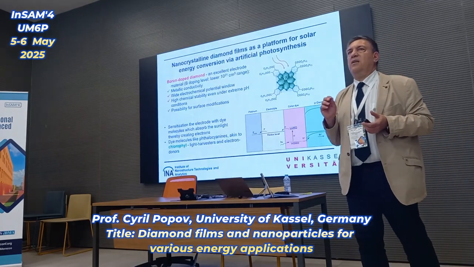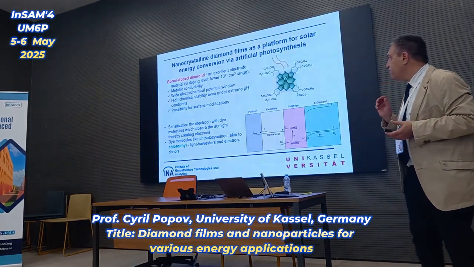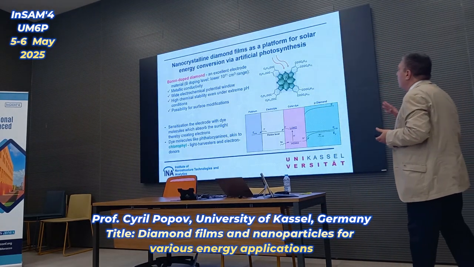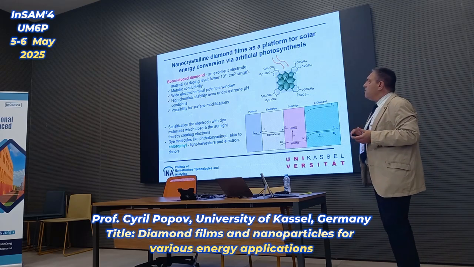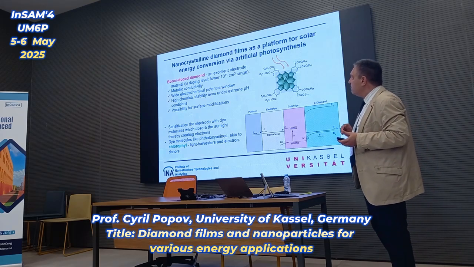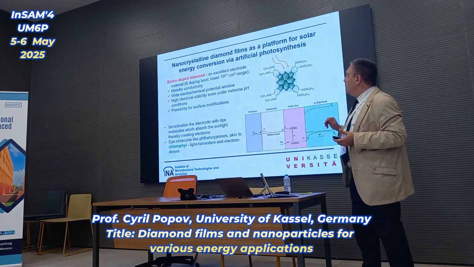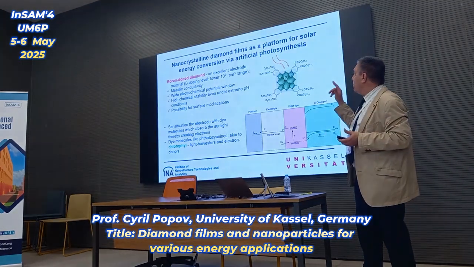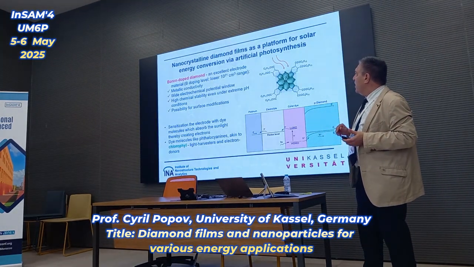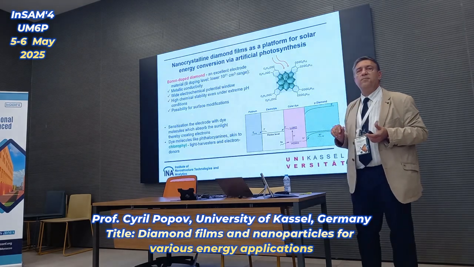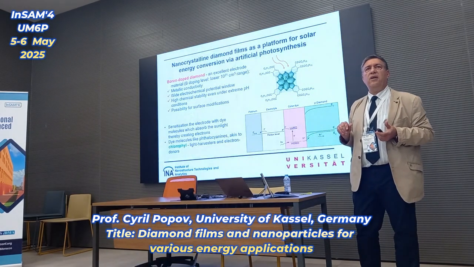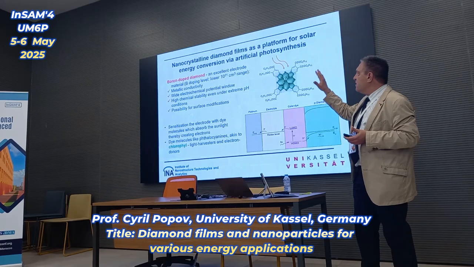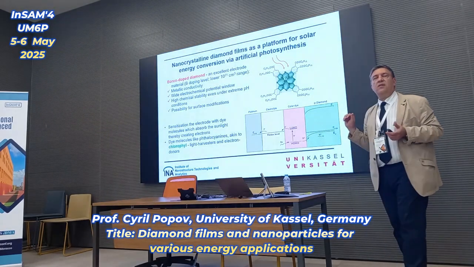I don't remember exactly. But this motivated us. And we could obtain very high dopant level in the lower 10^21 per cubic centimeter range. So it's very high doping level, which gives almost metallic conductivity of diamond.